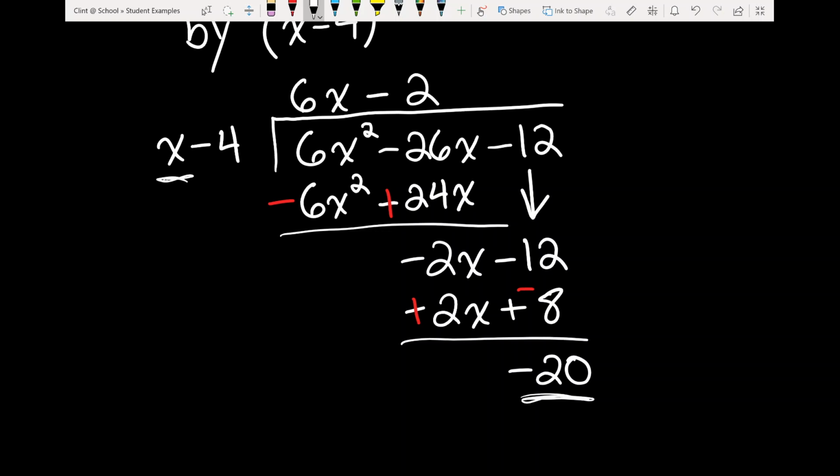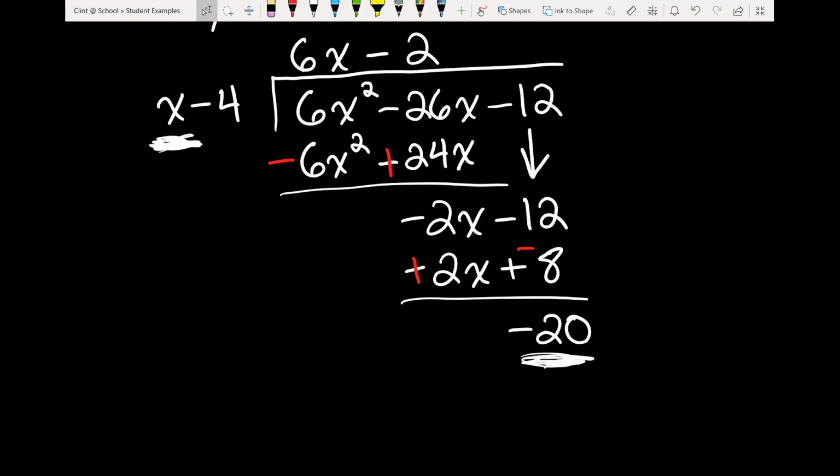So as soon as the degree of what you've got left down here is smaller than the degree of the thing you're dividing by, you know you're finished and that this negative 20 is our remainder.